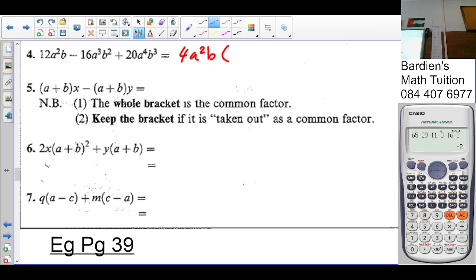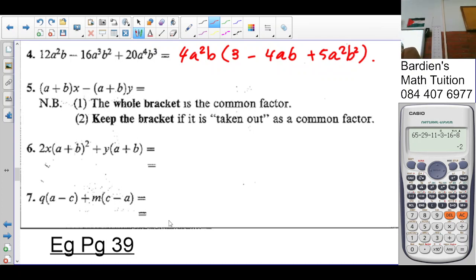Okay, so 4a squared b times what's going to give me 12a squared b? 3. 4a squared b times what's going to give me negative 16a cubed b squared? Negative 4ab is correct, yes? And 4a squared b times what's going to give me 20a⁴b cubed? It's 5a squared b squared. You all agree with that?